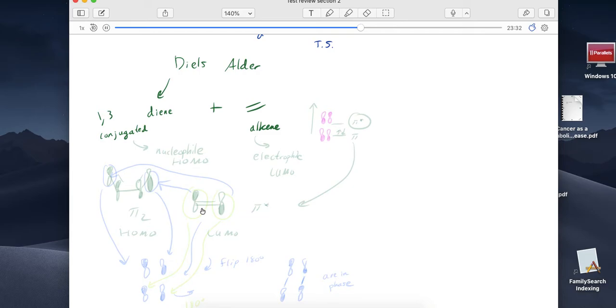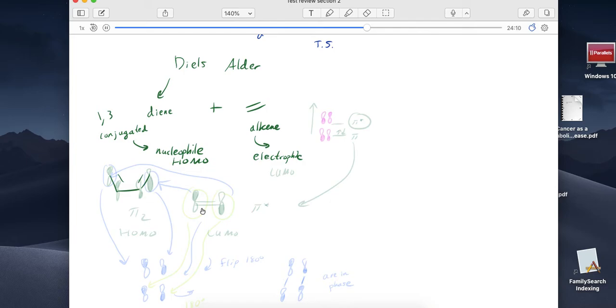Nucleophile. So in the Diels-Alder reaction, the 1,3 conjugated system is the nucleophile. Yeah, and this one's the electrophile. So this is where it helps to look at the atomic orbitals to see exactly what's going on. So we look at the HOMO of the nucleophile as always, and that looks like this guy right here.